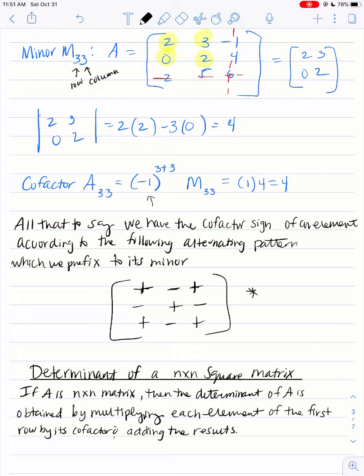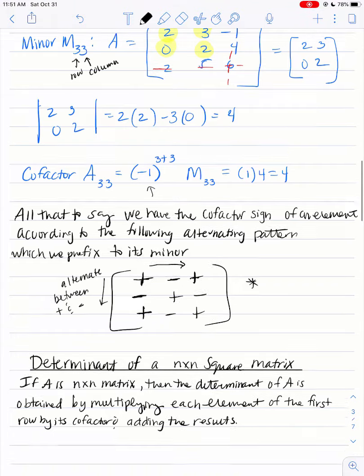So if you start with a plus up here, it's going to be a minus down here, and then it's going to alternate going down and then also across, between plus and minus. Okay, so basically this pattern is the cofactor sign of an element, which we're going to prefix to the minor. So we're going to add a plus or minus according to this pattern, and we will just add it to the minor, which is the determinant of the minor matrix.